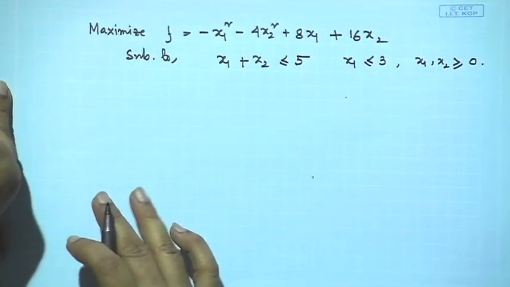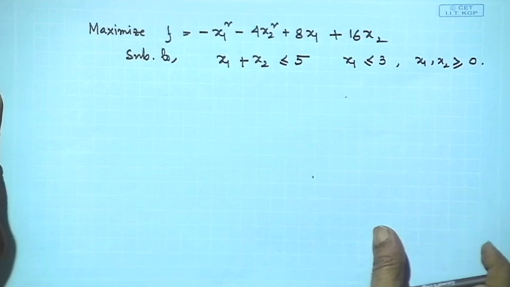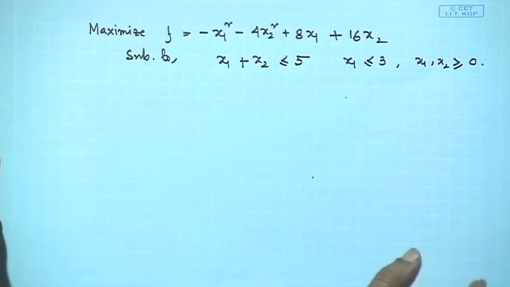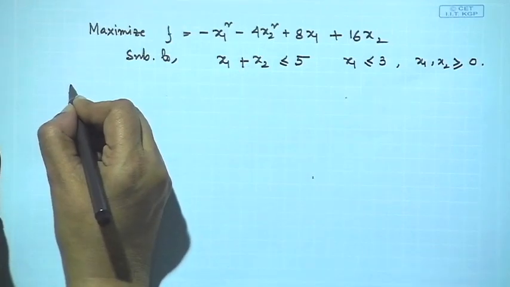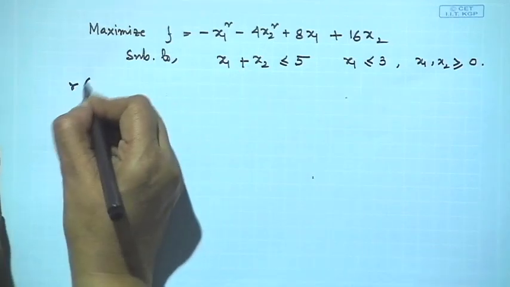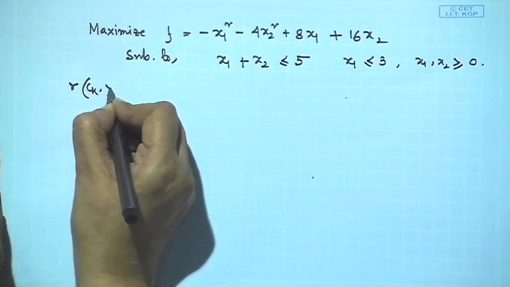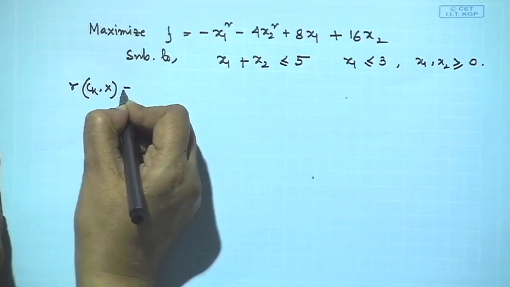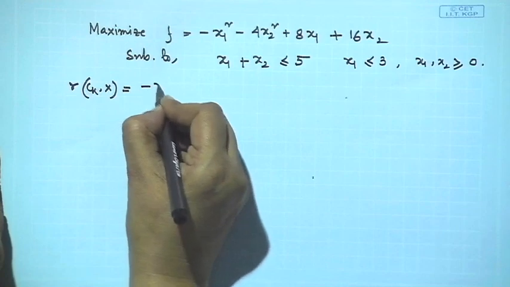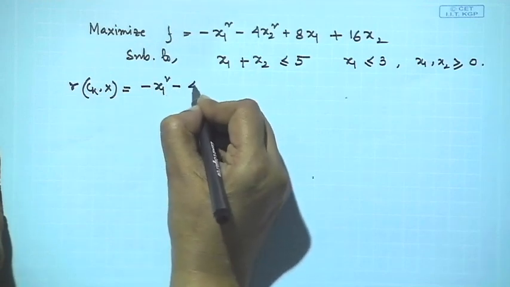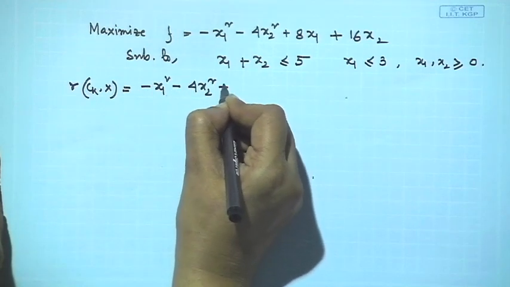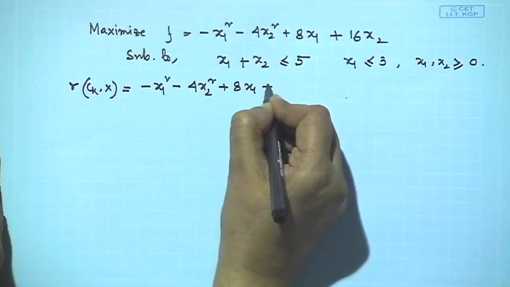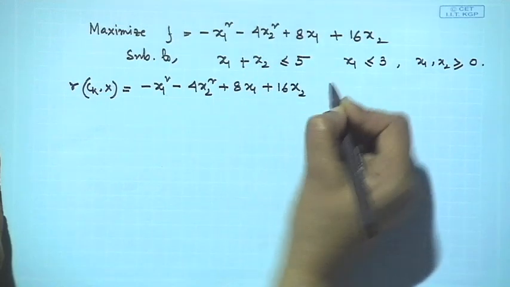Now, we want to apply the interior penalty function method for this, and we will consider the inverse barrier function for this. That is why the r(x, ck) will be minus x1 square minus 4 x2 square plus 8 x1 plus 16 x2.